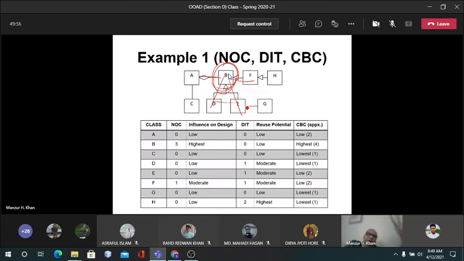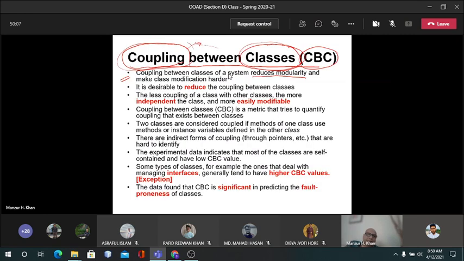Or vice versa, change of A, D, E, F will also affect B. So that is one of the disadvantages of higher coupling, because dependency increases, modularity decreases. Modularity means the class is more independent. Reduces modularity. More coupling means the class is more dependent, less independent, which makes it difficult to modify.